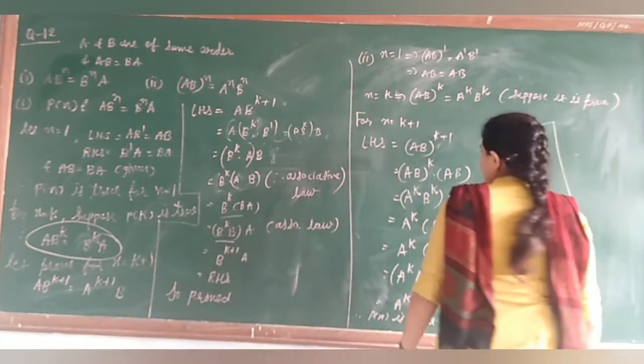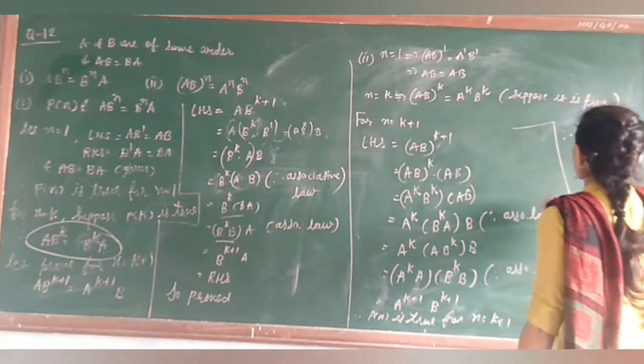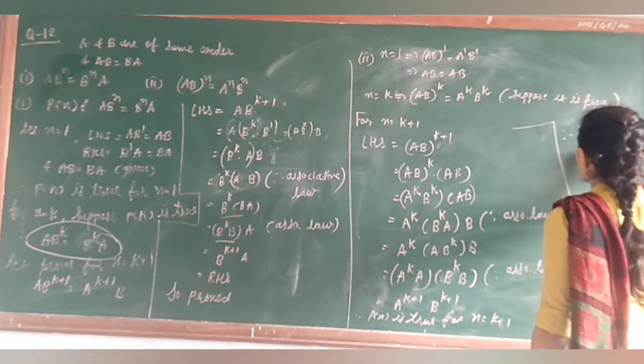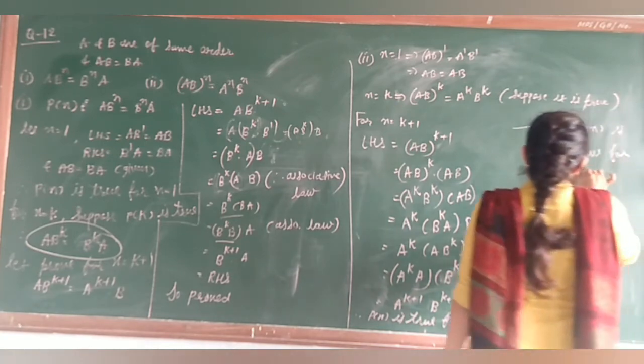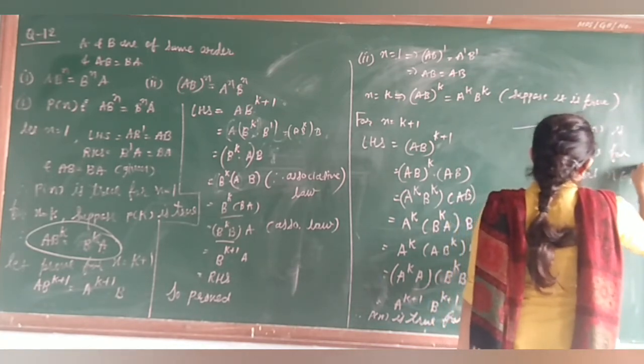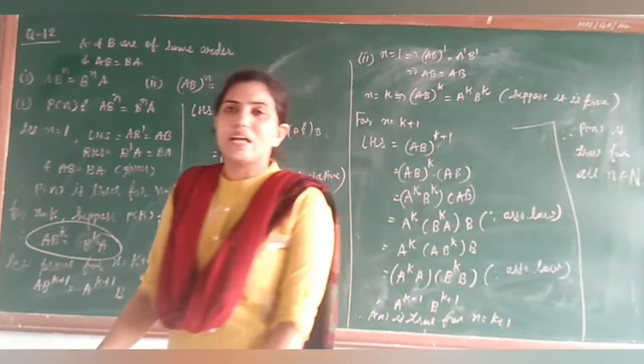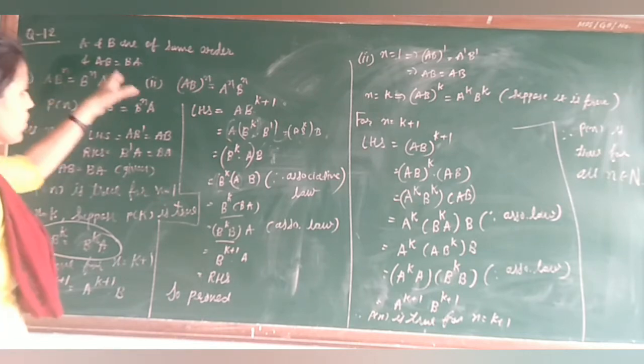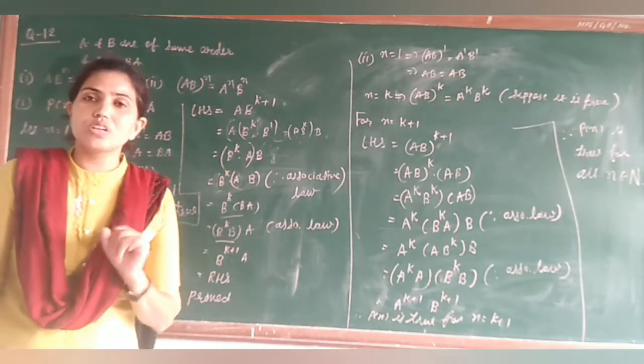In the last step, also don't forget to write, therefore Pn is true for all n belongs to capital N. So hence this question number 12 is solved. You can see how to solve this method. Let's see the solution again.